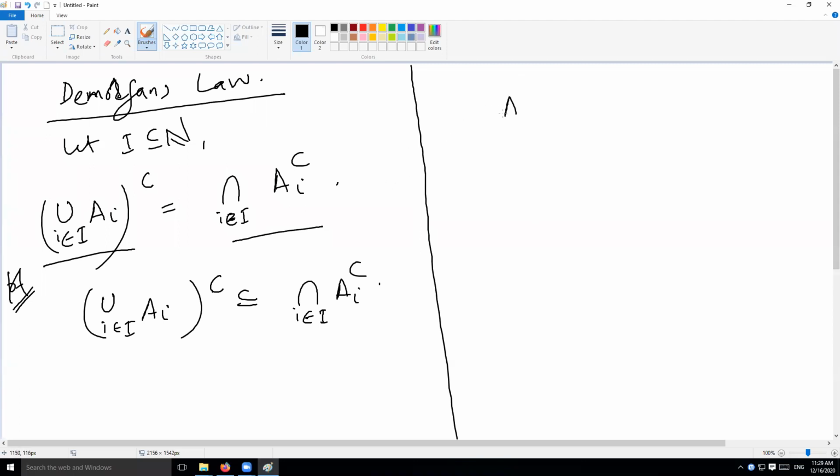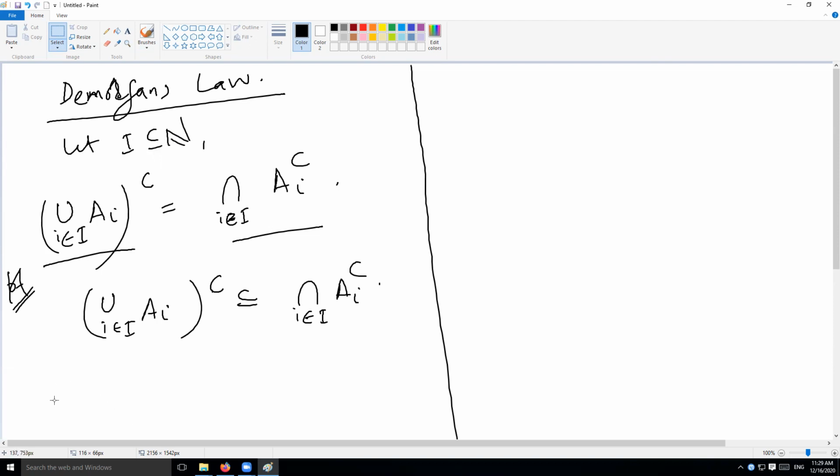If you proved this, you also proved A1 intersection A2 intersection A5, no matter how many terms you take. All kinds of De Morgan's laws are proved in this single statement. So it's a very powerful result. It's true for finite numbers and also for an infinite number of sets, because the indexing set is a subset of natural numbers, which can be finite or infinite.